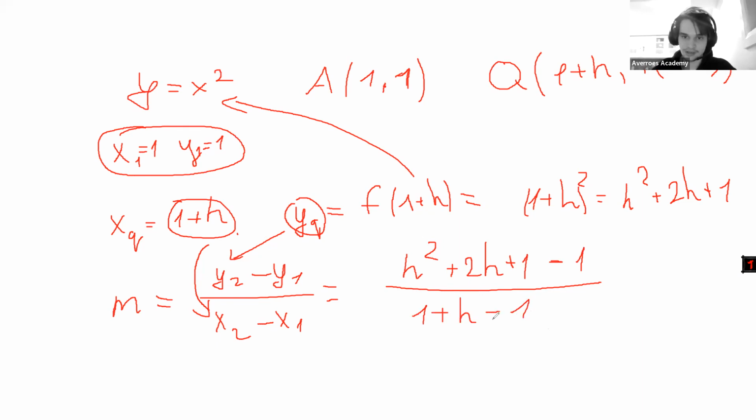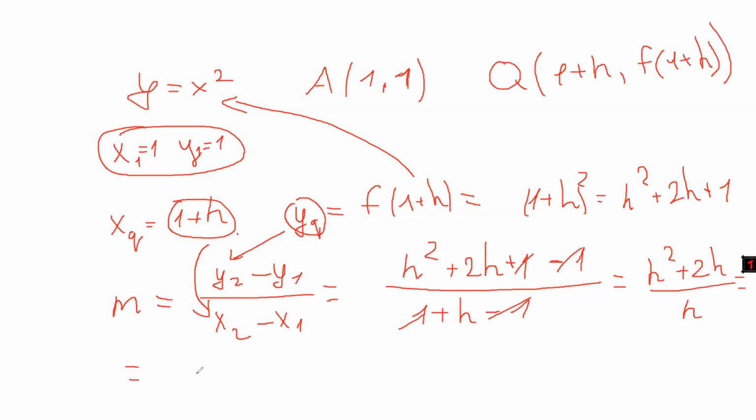So simplifying it, 1 minus 1 is 0, and 1 minus 1 is 0. And we see that we have h squared plus 2h divided by h, right? Can we simplify it? Yeah, remove the h, so it becomes h plus 2 at the end.